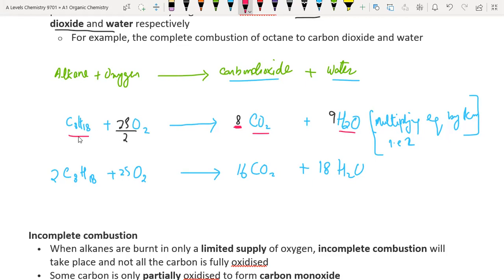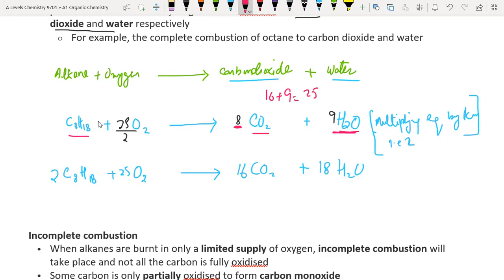Then this compound contains 18 hydrogen, it means it will form 18 divided by 2 water molecules, that is 9 water molecules. In both of these compounds, that is 16 plus 9 oxygen, which is 25.